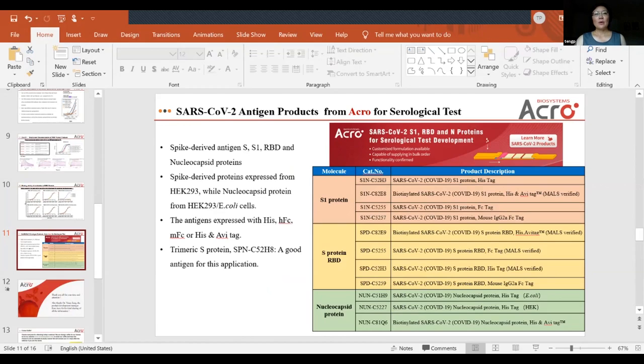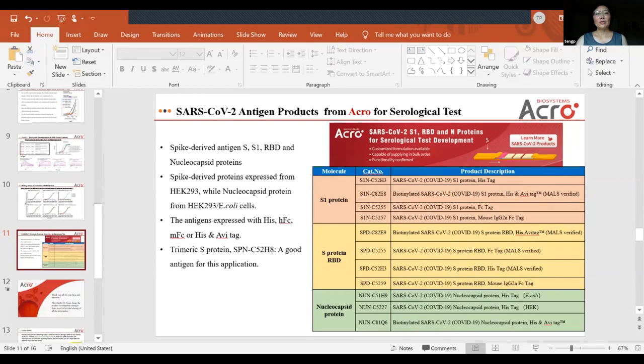And this one is actually the summary of our products, the SARS-CoV-2 antigen products for the serological test. We have developed the antigens of spike protein and S1 protein, S protein RBD, and also nucleocapsid protein.